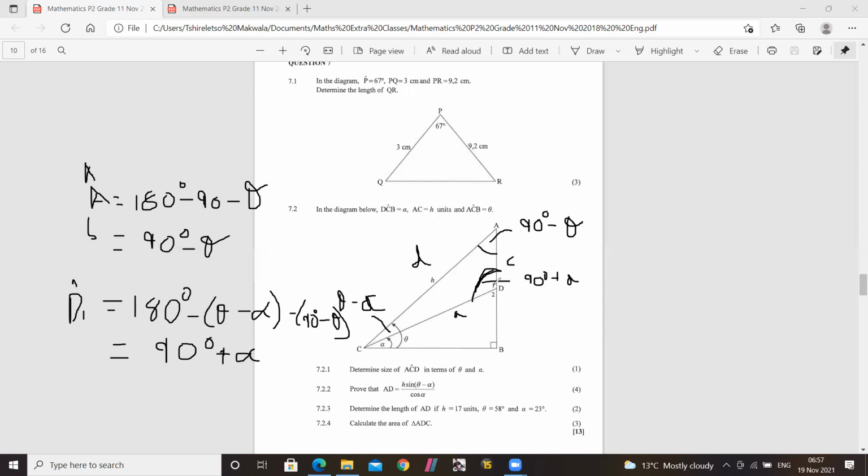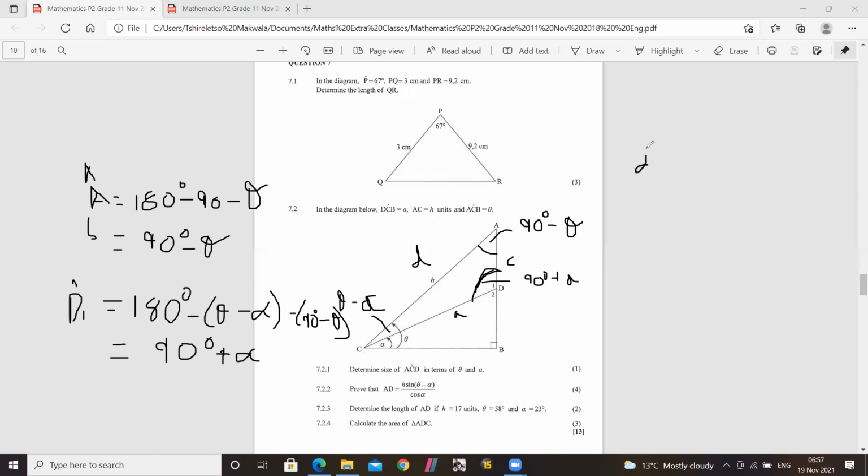As you can see, we know this angle at D1 now. We also know this D. So we know a side and a corresponding angle, and we also have another side. So we can use sine rule. We start by taking this one that we know. That's how you do sine rule.